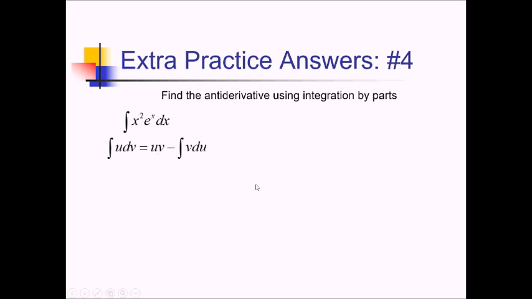So using my acronym of LATE, L-A-T-E, algebraic, like the x squared, is a better choice for u than exponential, like this e to the x here, because I don't mind taking derivatives of algebraics. In terms of taking antiderivatives, taking the antiderivative of e to the x isn't going to make things much worse.